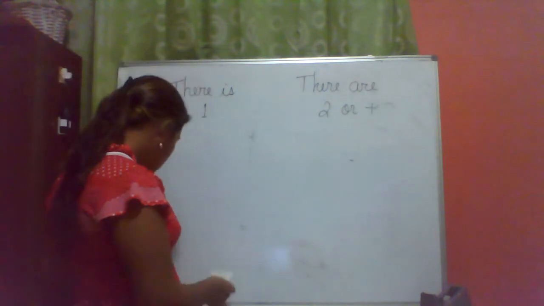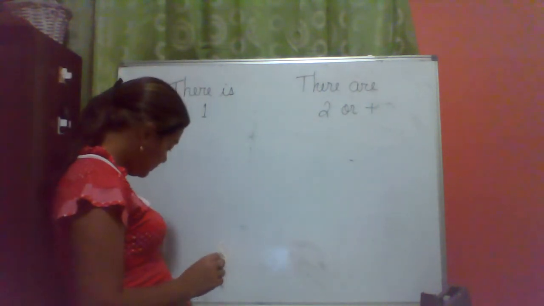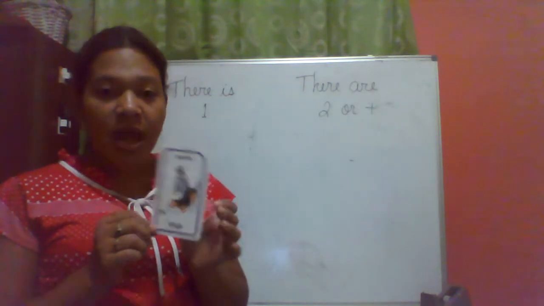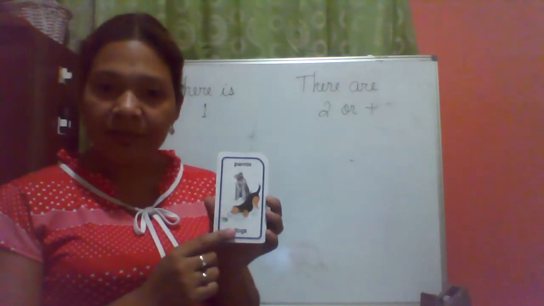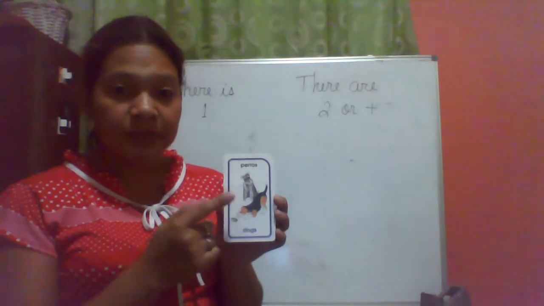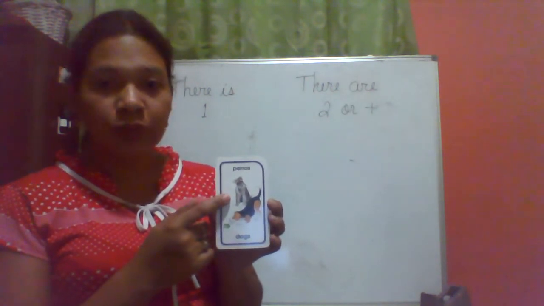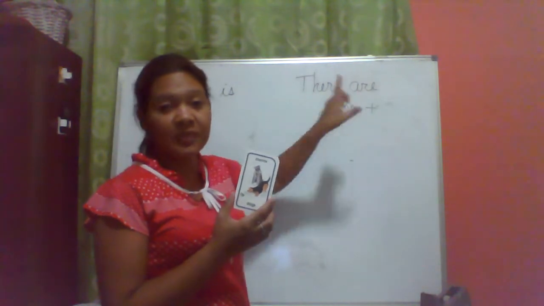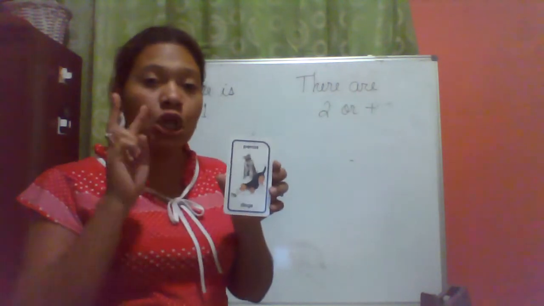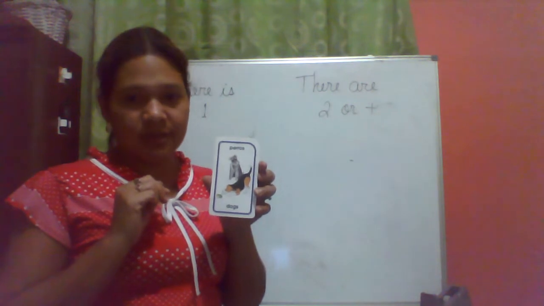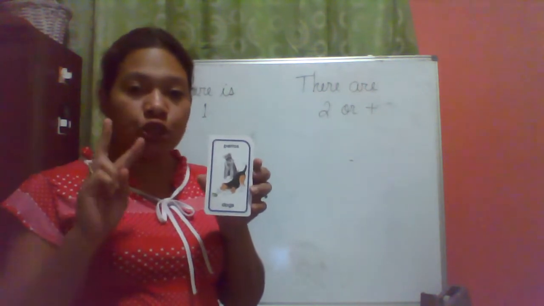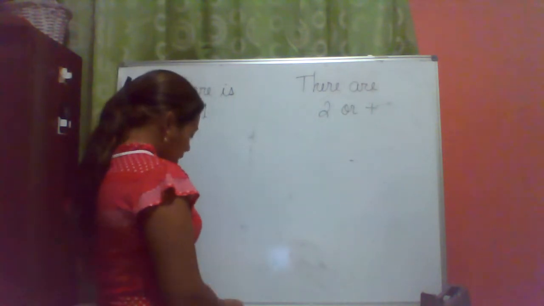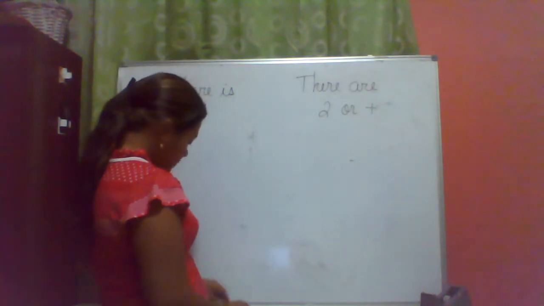Okay? Now let's see the dogs. How many dogs do I have? One and two. So I'm going to use there are. There are two dogs. Okay? Now let's see another one.